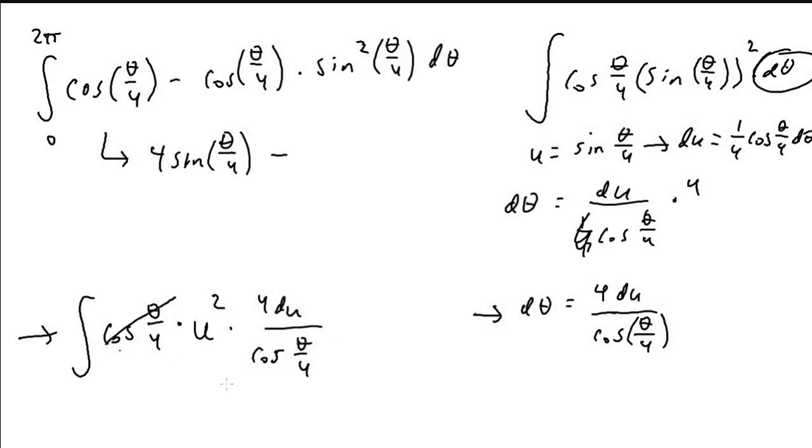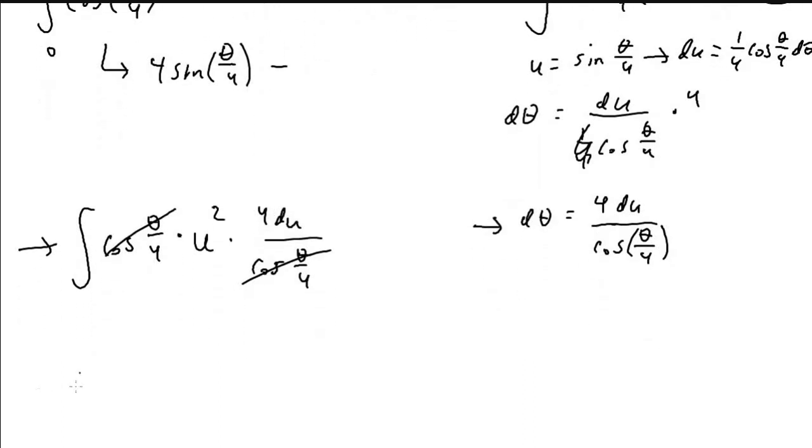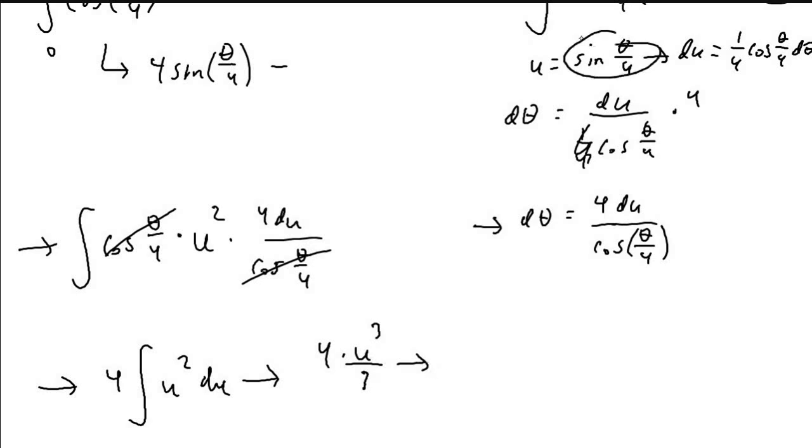Notice the cosines will cancel, and the 4 is a constant, so it can come outside the integral. So we're left with 4 times the integral of u squared du. The integral of u squared is obviously u cubed over 3. And u is sine of theta over 4.